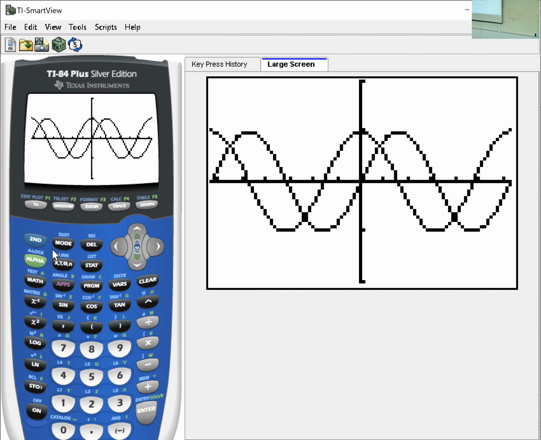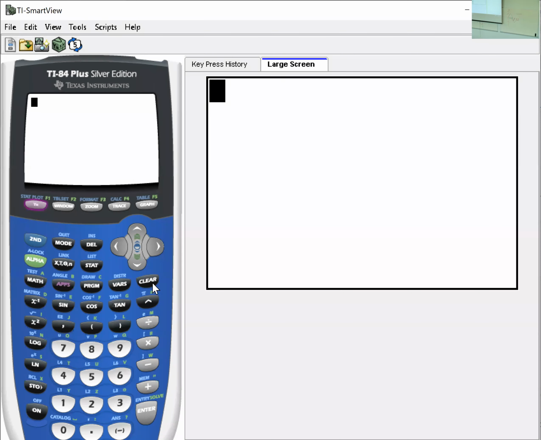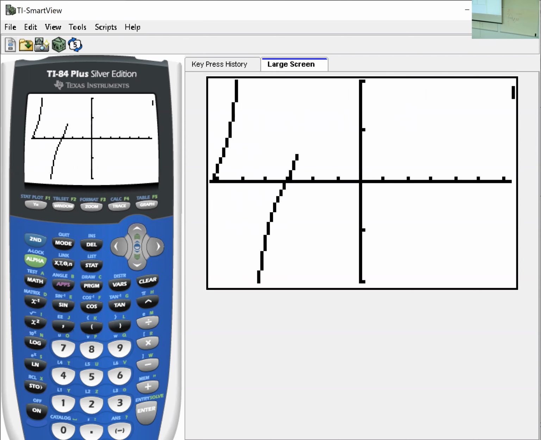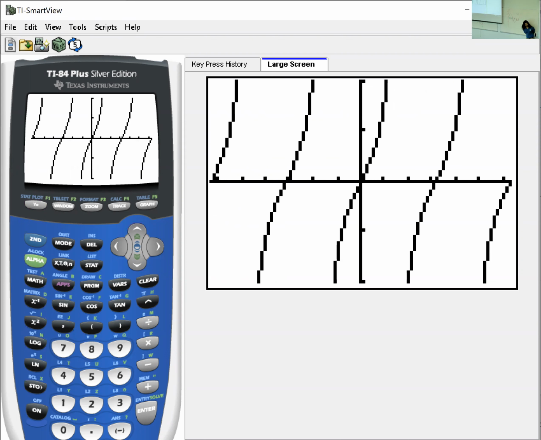Going to clear these out. We would like to see asymptotes. Pi over 2, like to see an asymptote, same at 3 pi over 2. At 0, sine 0 is 0, cosine 0 is 1, no problem.